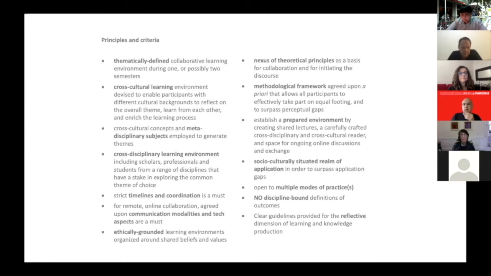In fact, an environment in which we prepare shared resources and a shared database, such as lectures and a cross-disciplinary, cross-cultural reader, a space for ongoing class discussions and exchange, and so on.